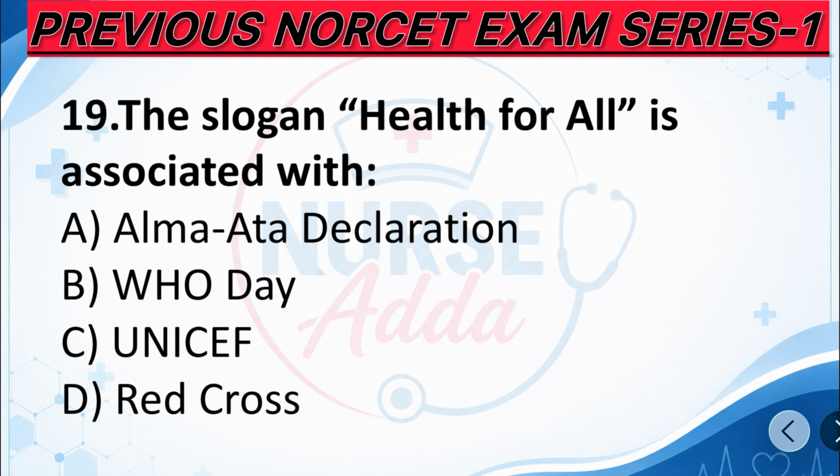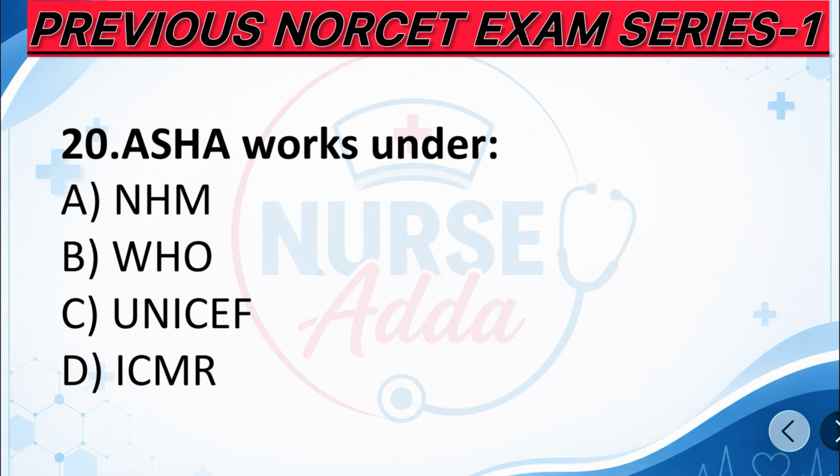The slogan Health for All is associated with Alma Ata Declaration, WHO Day, UNICEF, Red Cross. The right answer is option A. ASHA workers work under NHM, WHO, UNICEF, ICMR.